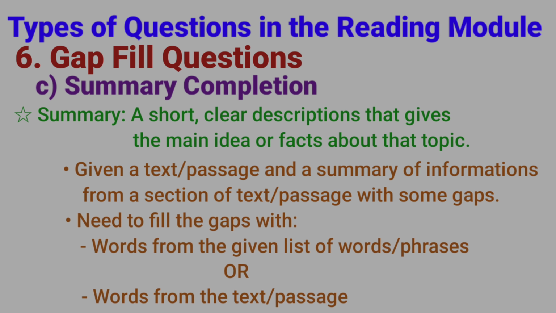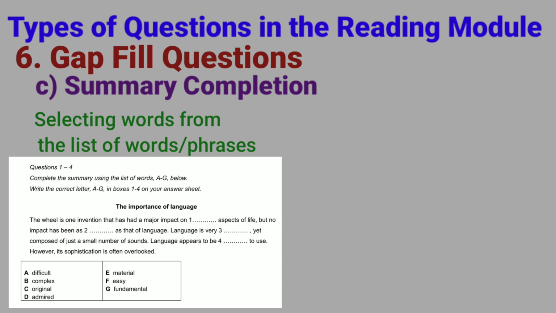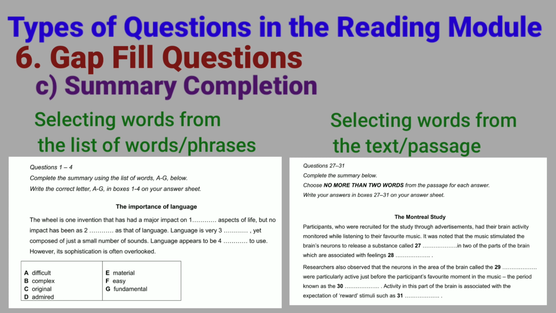You need to fill those gaps with words from a given list of words or phrases, or with words from the text or passage. In the first example, you select words from a list of words or phrases. In the second example, you select words from the text.